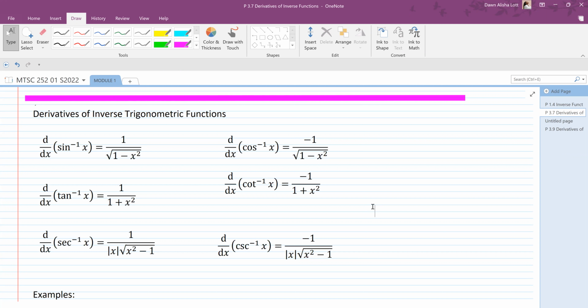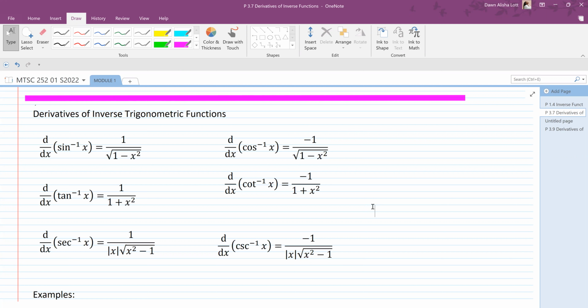And the derivative of the secant inverse function is 1 over the absolute value of x times the square root of x squared minus 1. And just like our regular trig functions, the derivative of the cos is negative.